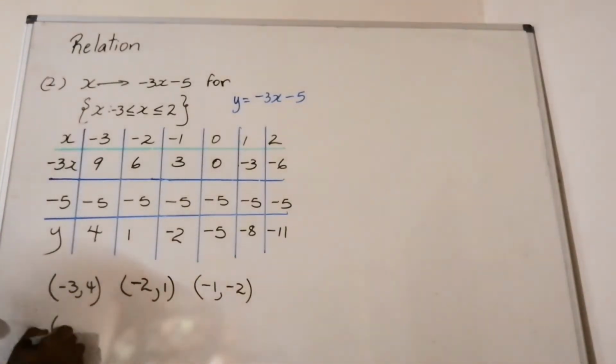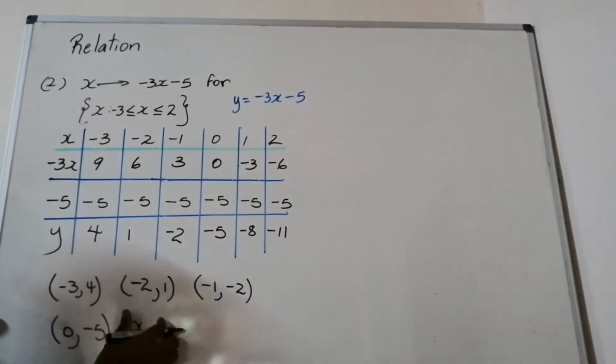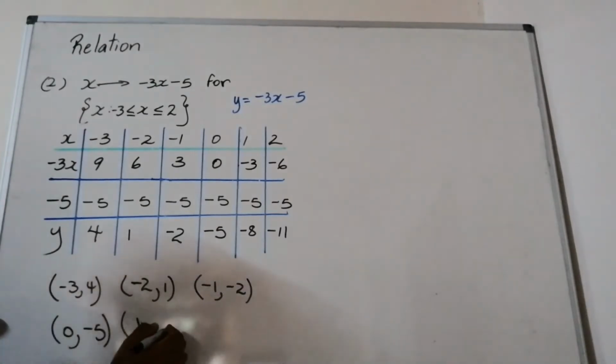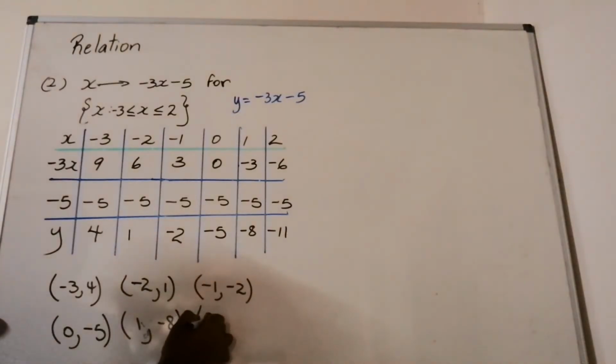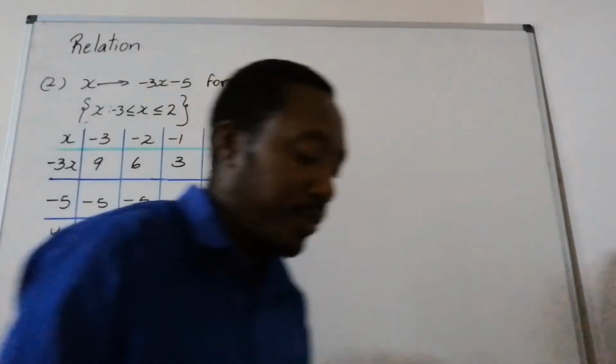When x is 0, y is negative 5. When x is 1, y is negative 8. And when x is 2, y is negative 11. So we have all our ordered pairs.